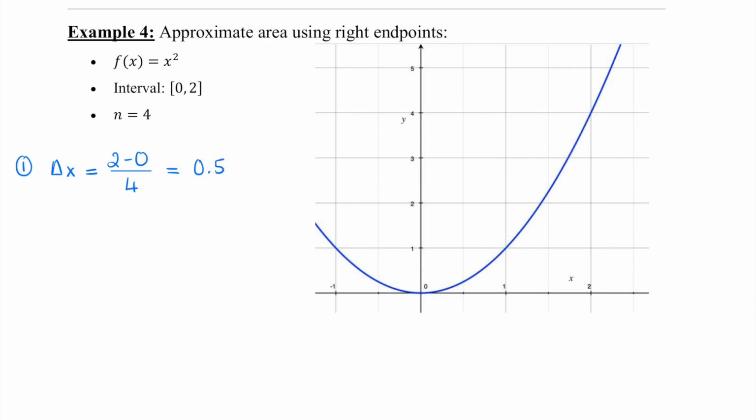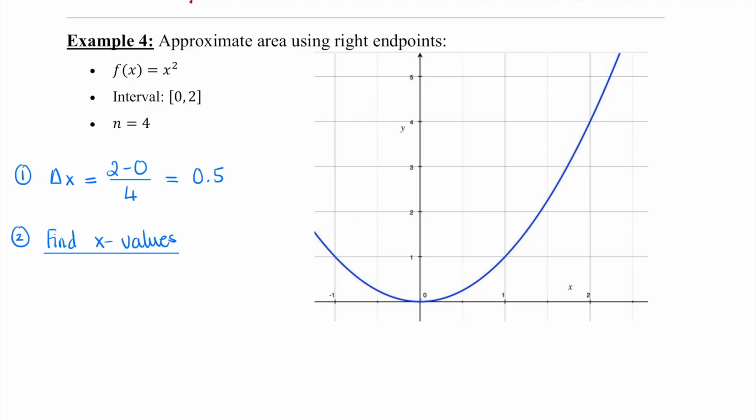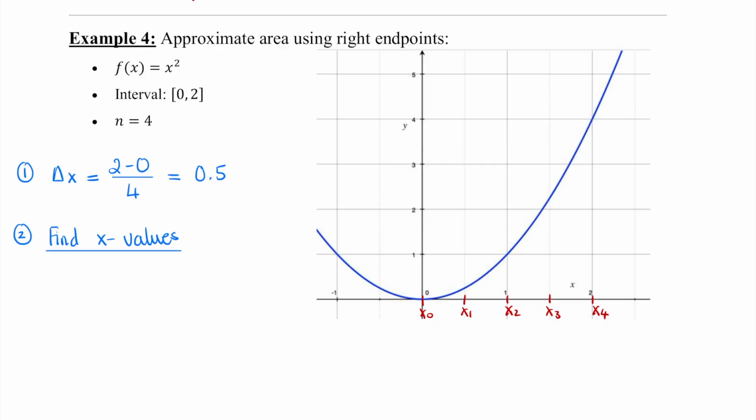Next, let's find the x values. So we have x0, x1, x2, x3, x4, where x0 is a, which is 0. x4 is b, which is 2. The distance between two x values is delta x, which is 0.5.